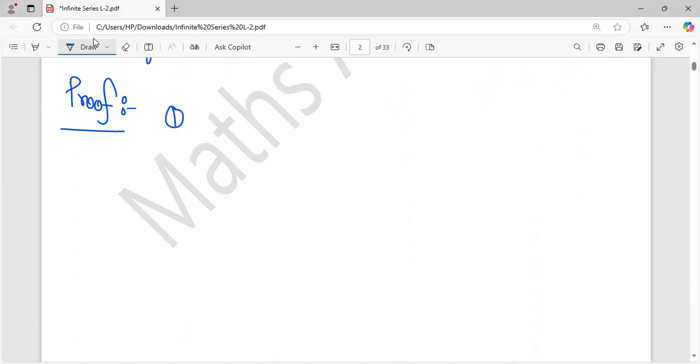First, let this series summation n goes to 1 to infinity bn be convergent. Okay.